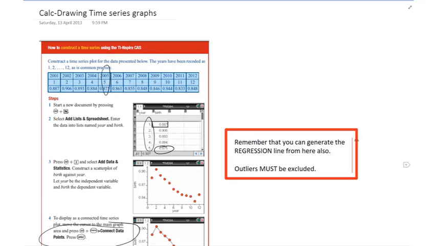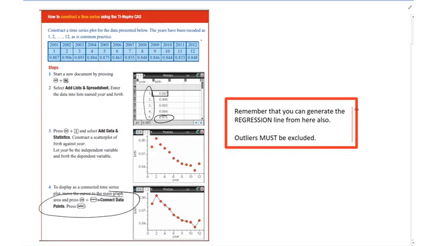So the key point here: construct a time plot for the data presented below. The years are shown here, and the time code is being given. Sometimes you can get away with it if the year is given as 2001, 2, 3, 4, 5, 6.